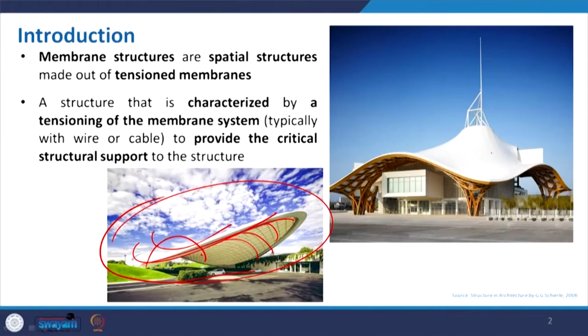Here this is another one where you can see that there are columns which are basically making a framework and everything is being covered with a fabric. So, this is another example, and I am sure that all of you must have seen in some videos or maybe in real life this kind of structure.